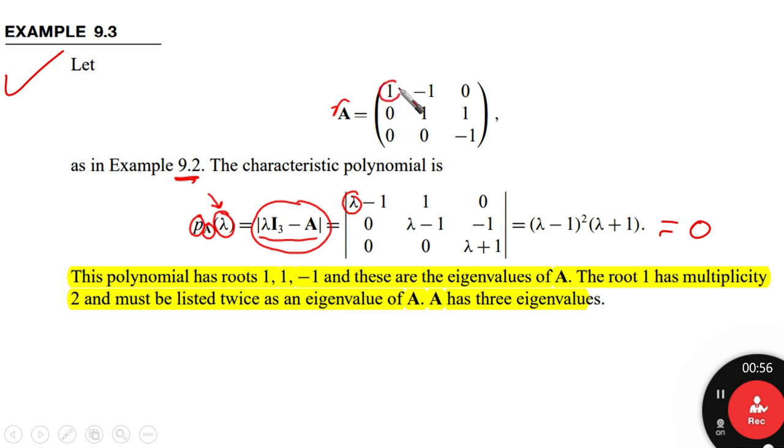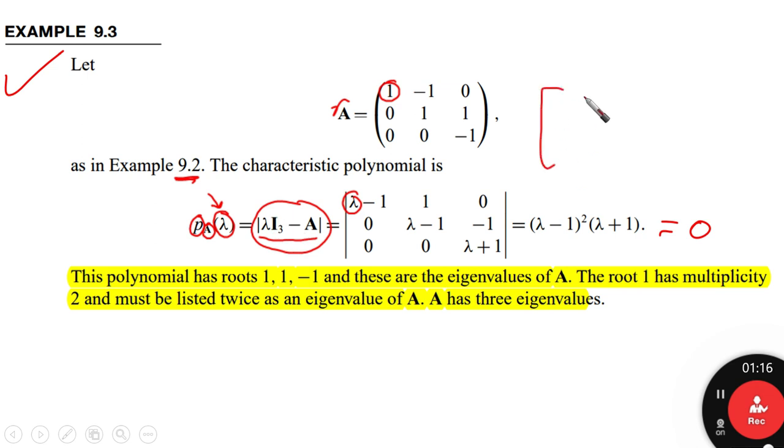because this is 1 here, and then lambda for the remaining elements of this determinant. We can obtain it easily by multiplying lambda by the elements of I3.